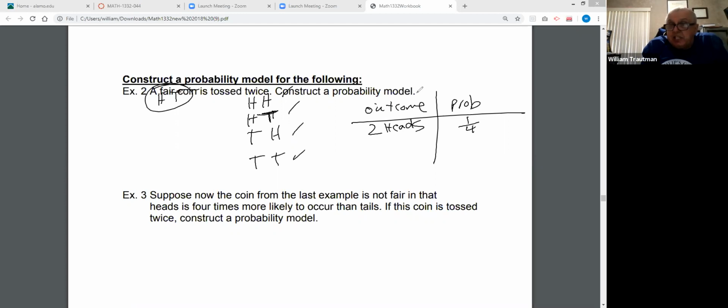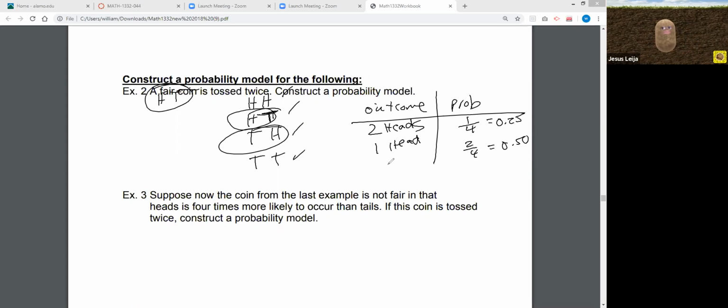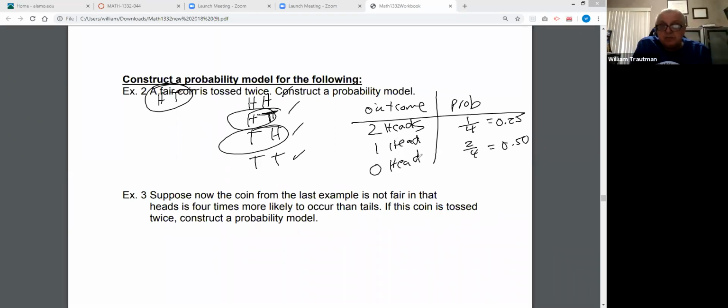And we can change that to decimal equivalent, which is 0.25. The probability of 1 head. Do you see this one and this one have 1 head in them? So that's 2 out of 4, which is 0.50. And then finally, 0 heads. And the only one that has 0 heads is that last one. It's 1 out of 4, or 0.25.